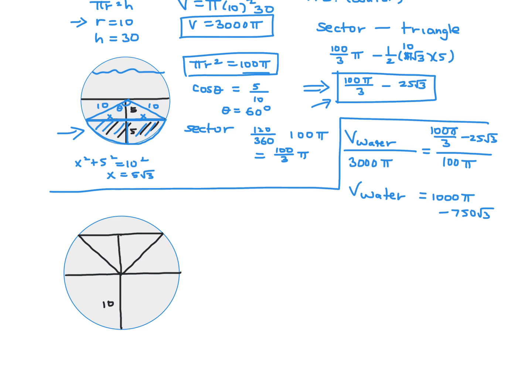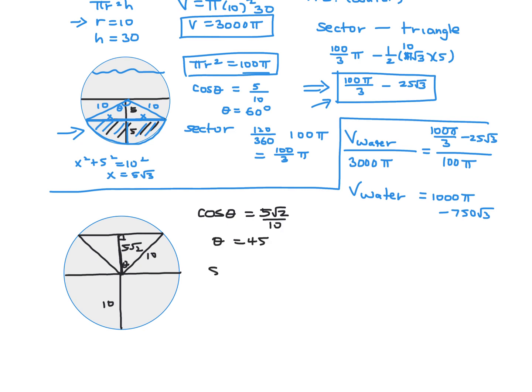So it was 10 plus 5 root 2. So this top to bottom here is 5 root 2. This is a right angle, and I'll put my theta here, and that's 10. So this time the cos of this theta is 5 root 2 over 10. So that means theta is 45 degrees.